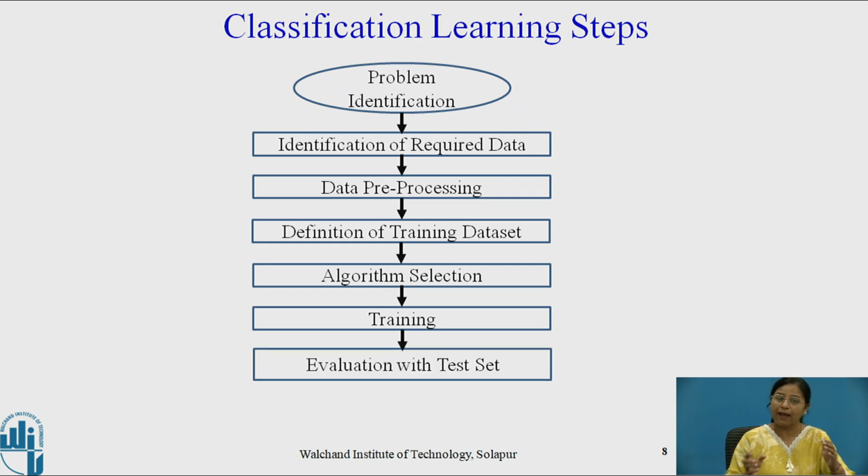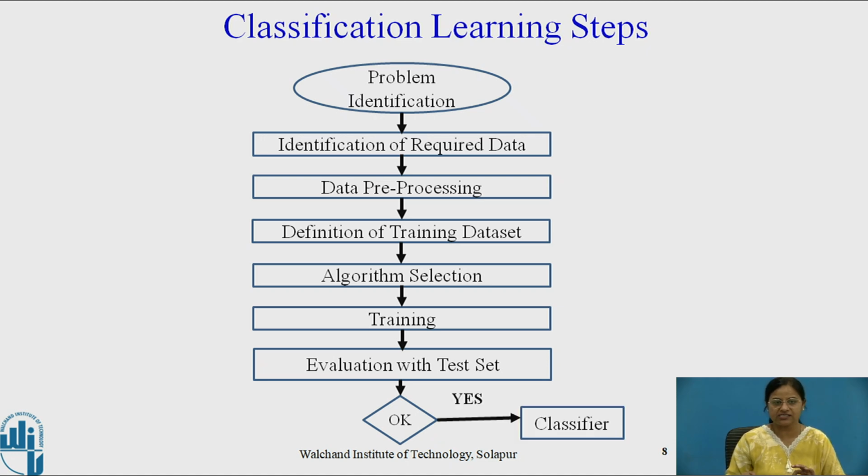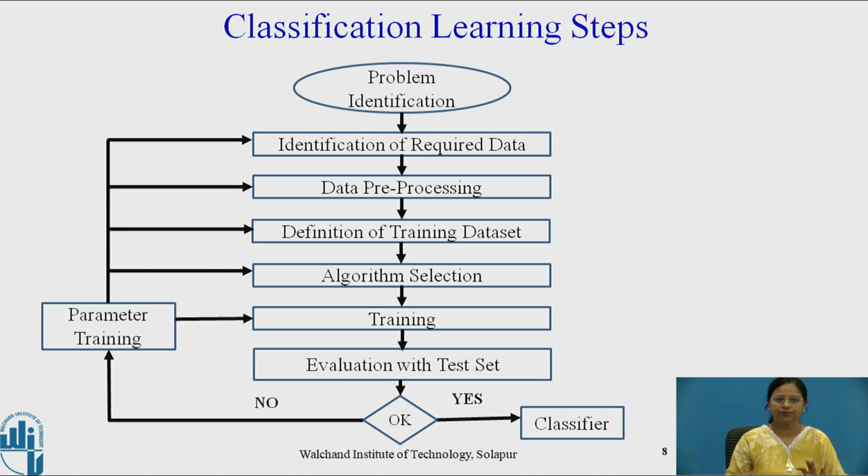Once you apply the selected algorithm on the training data and you get a better result, then you need to evaluate that algorithm or model on the test data set. If it works properly and gives correct results on the test data set, then you can say that yes, the algorithm chosen by you is a good classifier.